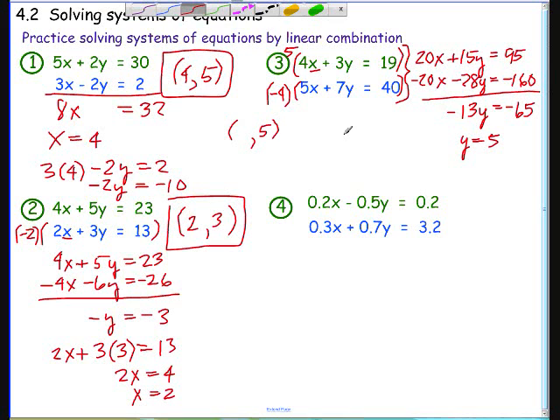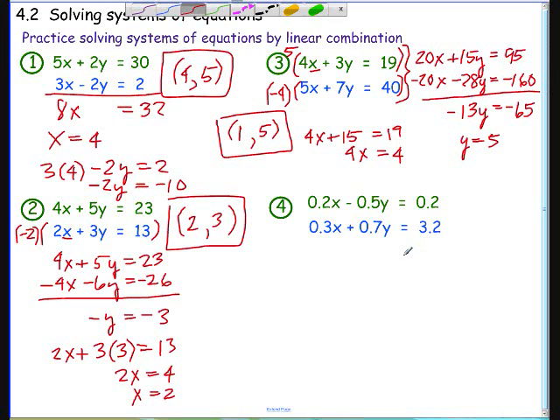Now what is my x? I'm going to use this first equation. Looks easier to use. 4x plus 3 times y, which would be 15, equals 19. 4x equals 4. How sweet! So my x is 1.